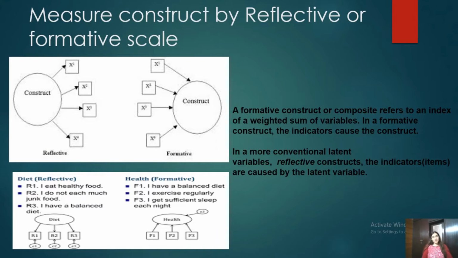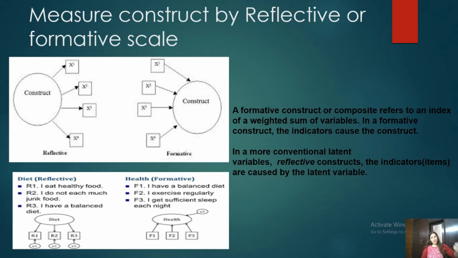What are items? Items are nothing but the statements of a construct. You have an example below. If I say diet is a construct, there are three items to it. When I say items, there are three statements.